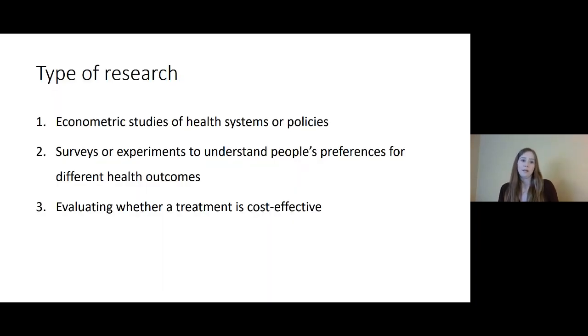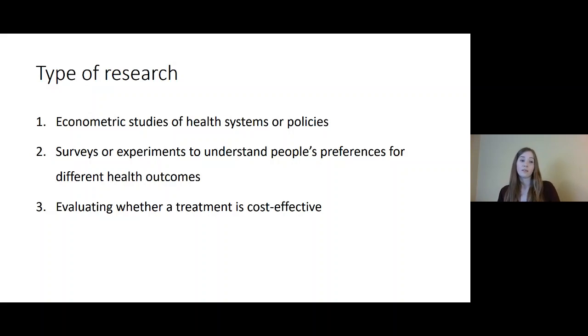And broadly, there are three types of health economics research study that you're likely to see. The first one is what we call econometric studies of health systems and policies. What those are is statistical analyses using data sets that already exist to work out whether the health system is working the way it's meant to, what policies might improve it, and to see whether past policies that have been implemented have worked.